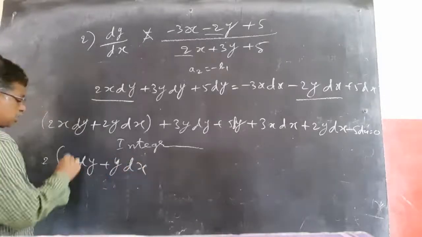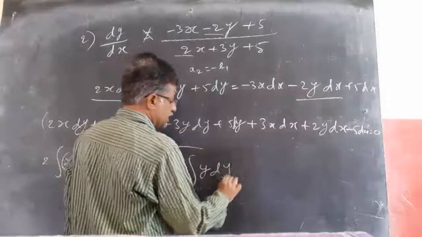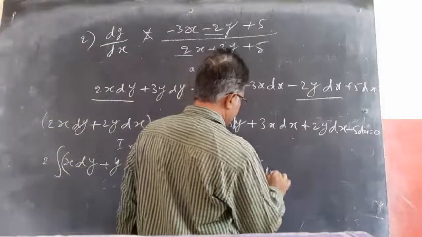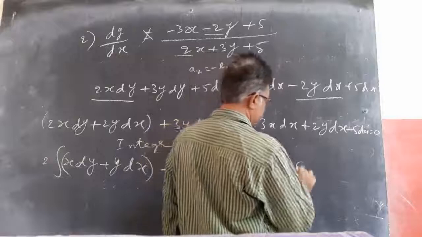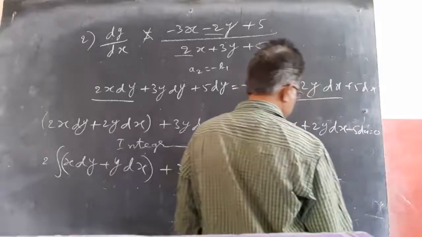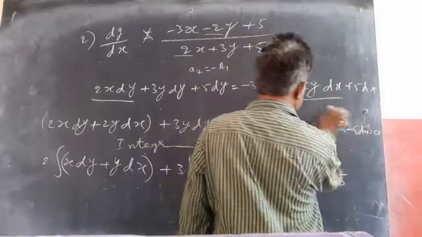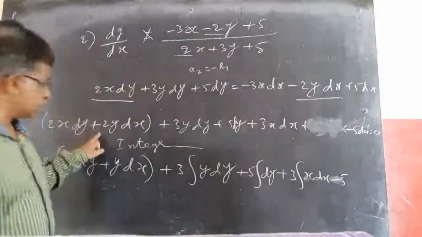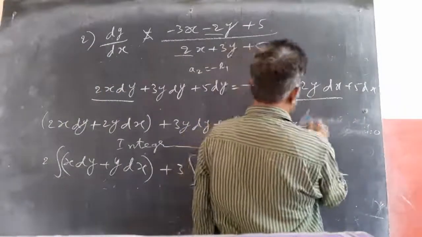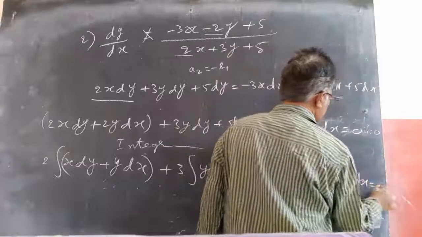Plus 3 into the integral of y dy, plus the integral of 5 dy, plus 3 into the integral of x dx, minus 5 into the integral of dx, equal to 0. I already wrote 2y dx here, so don't write it again.